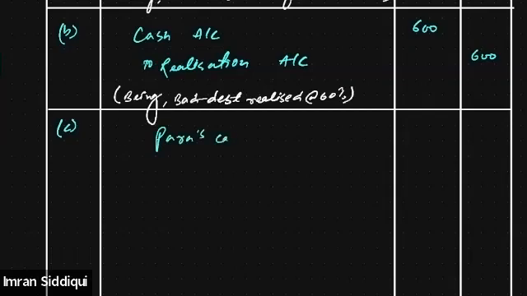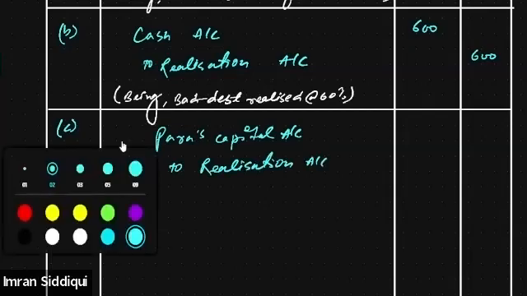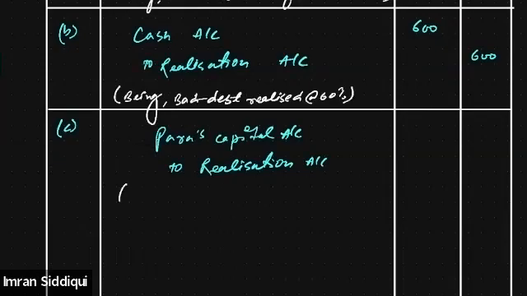Paras capital account to realization account. Being assets taken over by Paras, being unrecorded goodwill taken over.